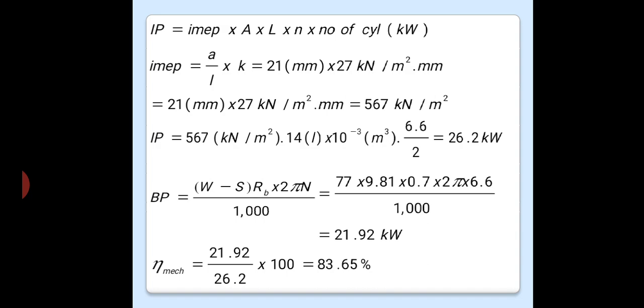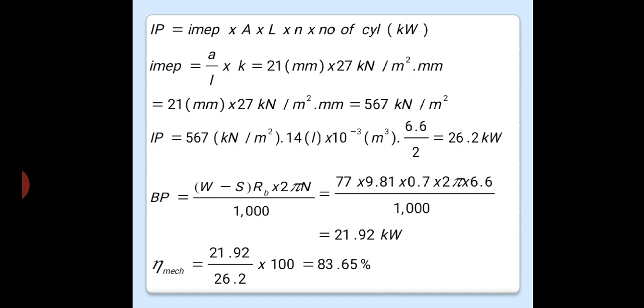We have seen this formula while studying how to draw PV diagram with the help of indicator. So here IMEP we get 567 kilonewton per meter square.